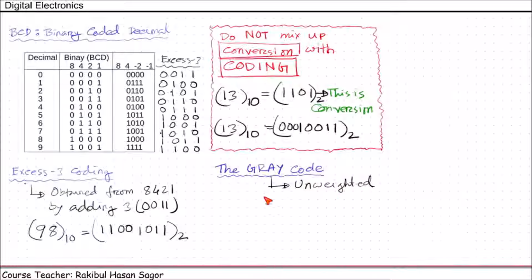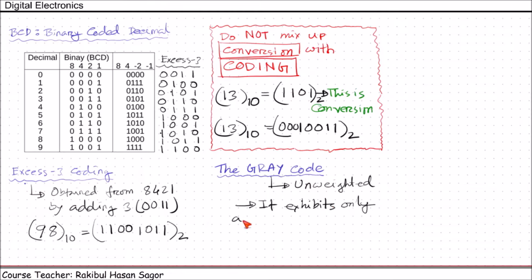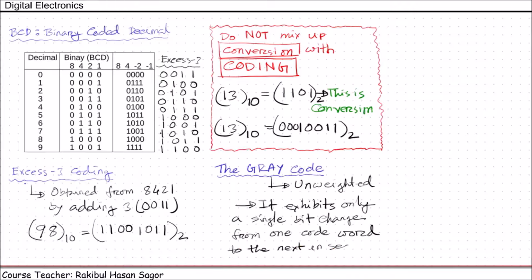Let me write the important feature. From one bit to another next sequence bit will have only one single bit change.